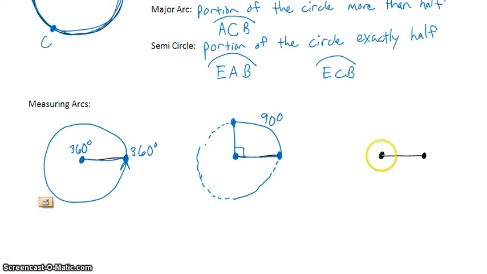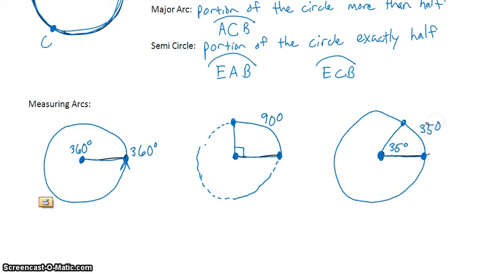Hopefully you're starting to see a pattern. If I make this point the center of the circle and this line segment the radius, and I rotate so that my central angle is 35 degrees, the arc that I've created is also going to have a measure of 35 degrees. Let's get a little more specific.